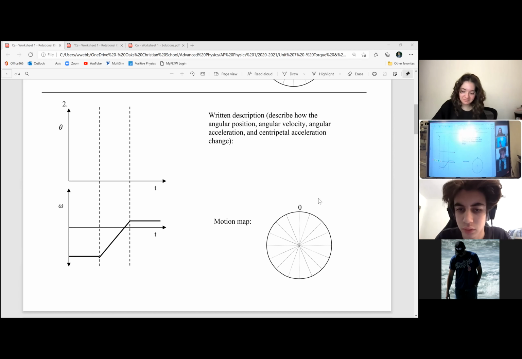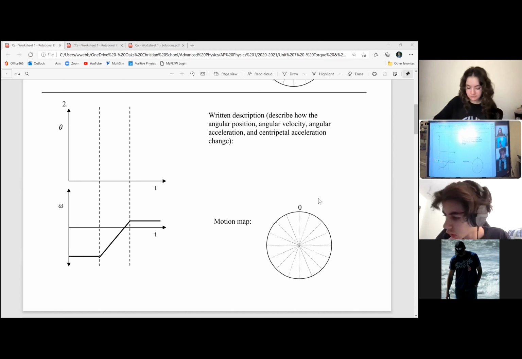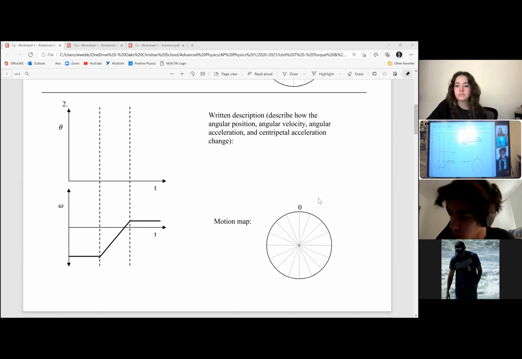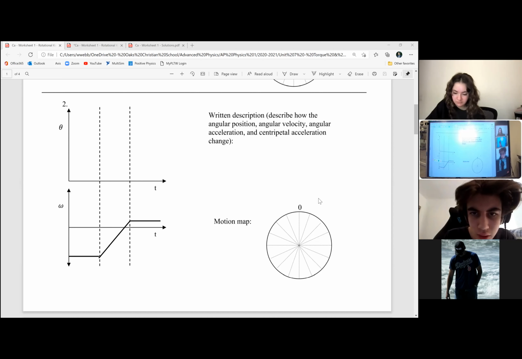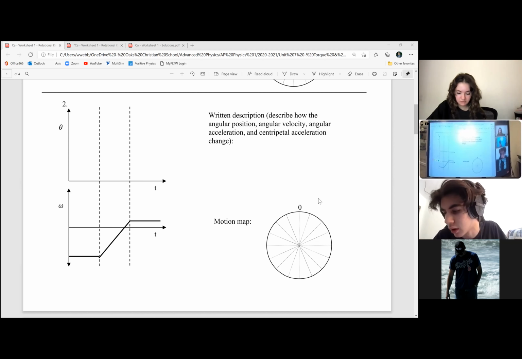All right, so for number 2, Aiden, could you just tell me, what did you have for your written description? What did you think about for this one? I think I put that for velocity, it changes when the line is diagonal, when it curves, that's when the velocity changes.